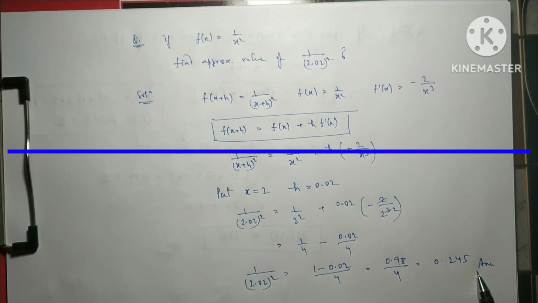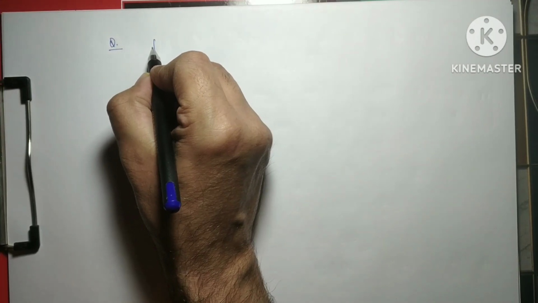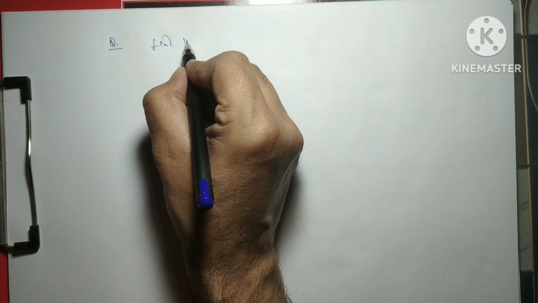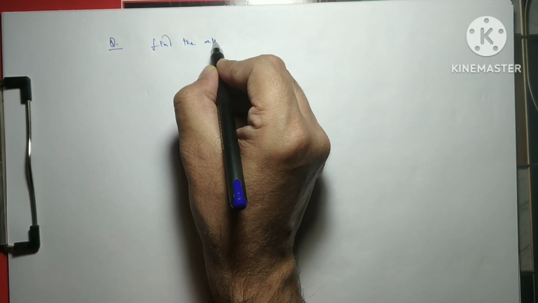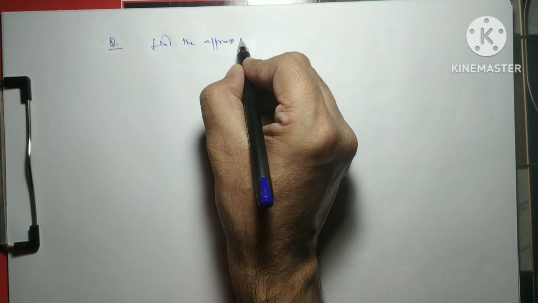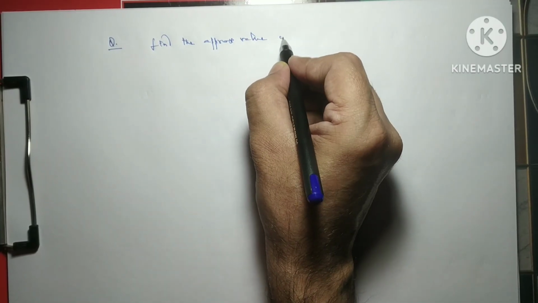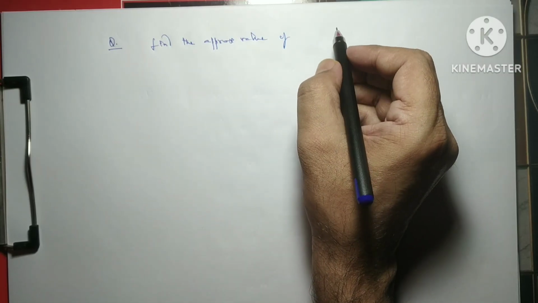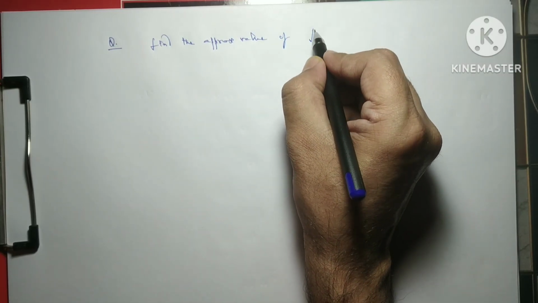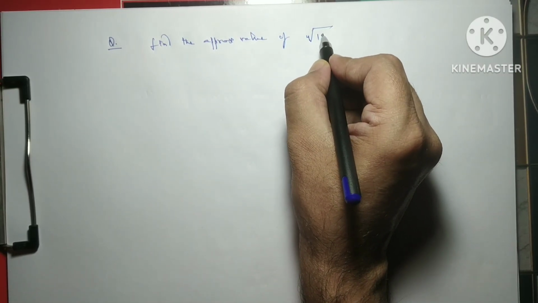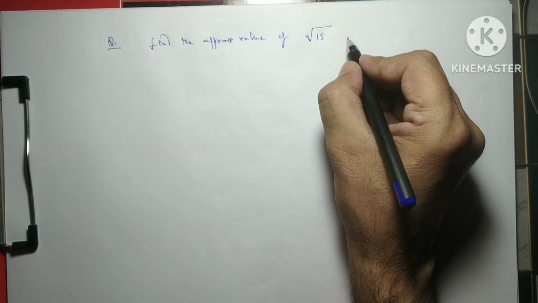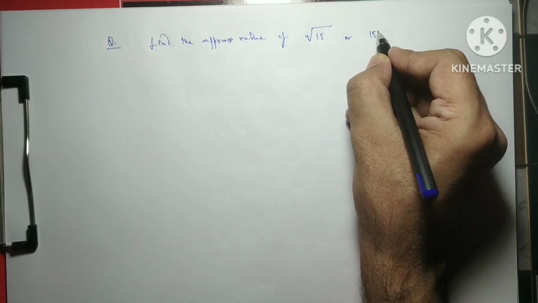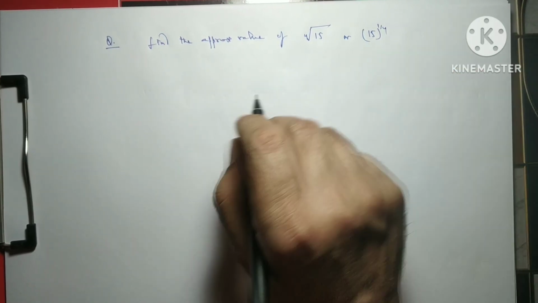So it is this value. Find the approx value of the 4th root of 15, or you can say 15 raised to power 1 by 4.